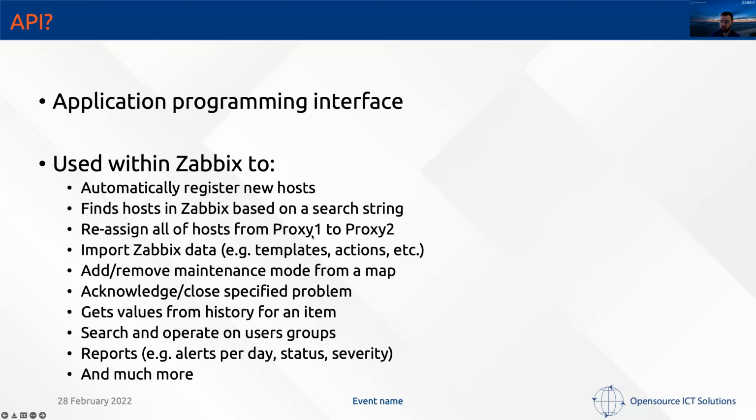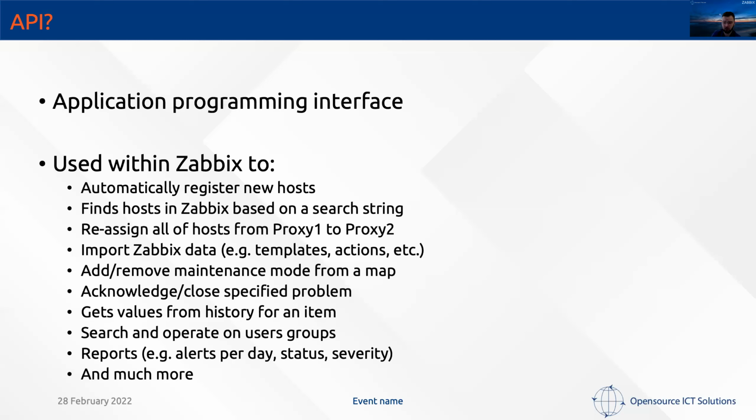And that's actually how we have already built our own implementations to do load balancing between proxies, which isn't officially supported. It's an implementation we built ourselves. We can import and export data from Zabbix using templates, actions, all of those we can import and export. Maintenance can actually be added and removed using the API as well.